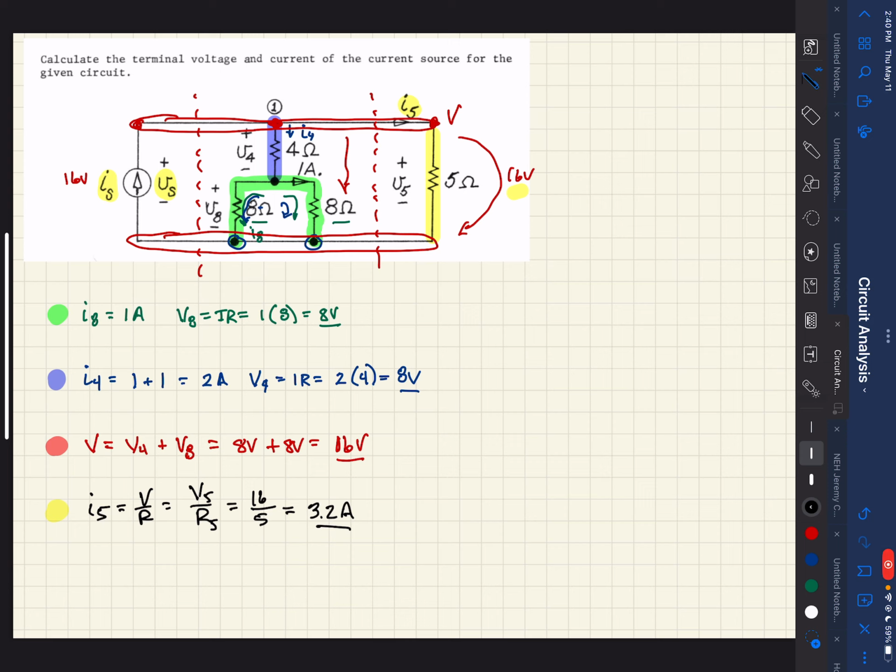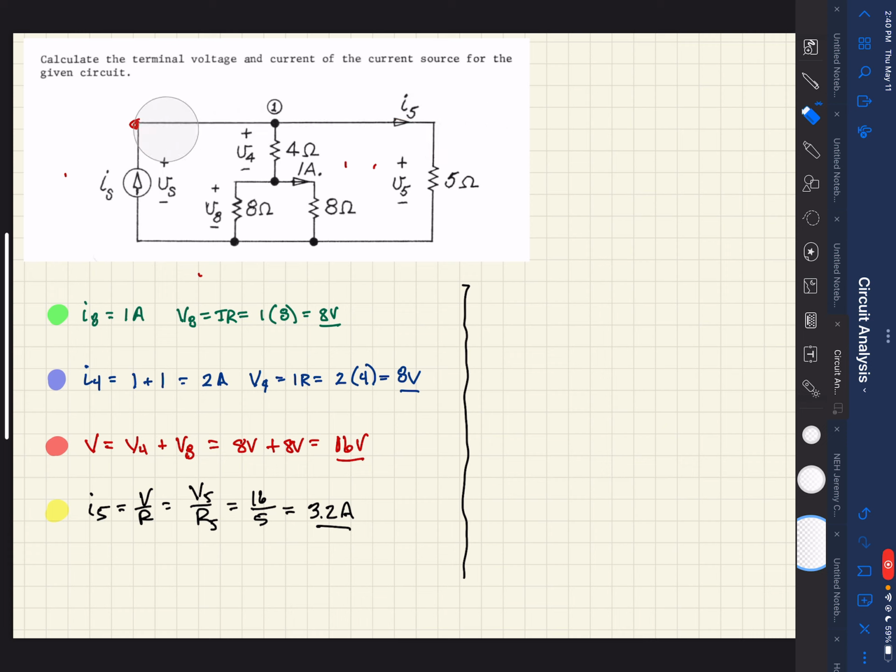This is important because now we can get to the point where we're trying to get. Let me clean this up a little bit. We should notice now that there are two paths, one going this way, one going this way, and these two added together should give us IS.